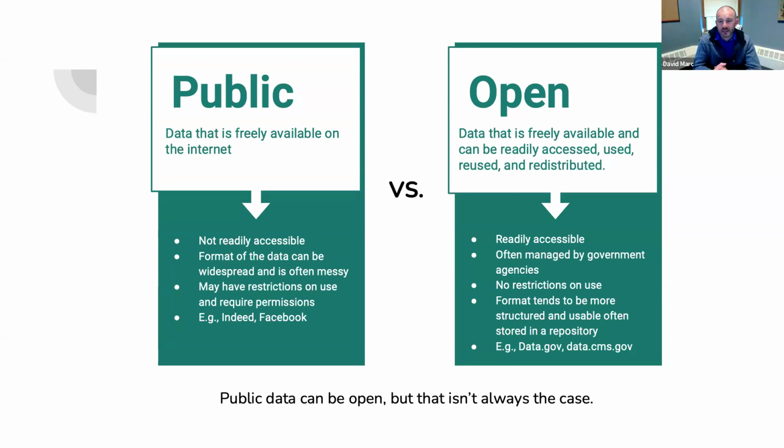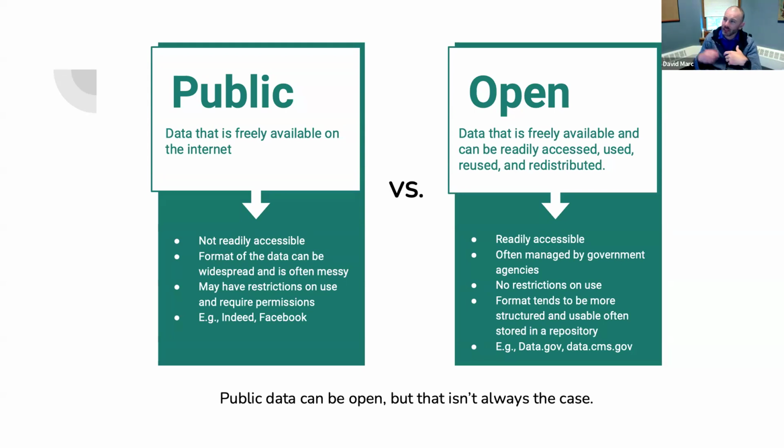The format tends to be a bit more structured and usable because it's stored in repositories where you have one place to go to get access to a lot of the data sources. Examples of this data include things like data.gov or data.cms.gov. So public data can be open, but that isn't always the case.